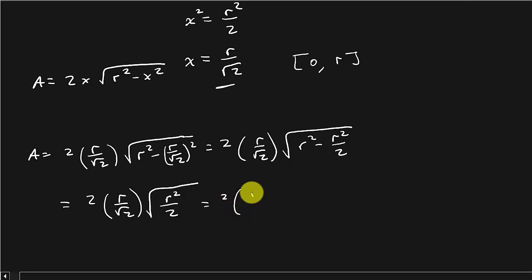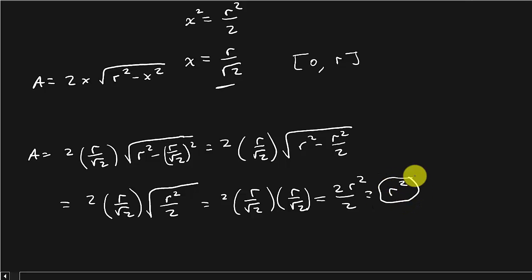So this is going to be 2 times r over square root of 2 times r over square root of 2, which is 2r squared over 2, which is r squared. And that is your maximum area.